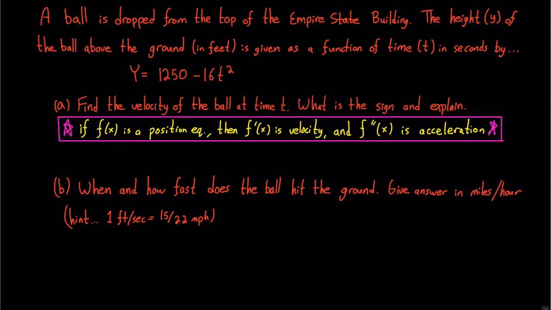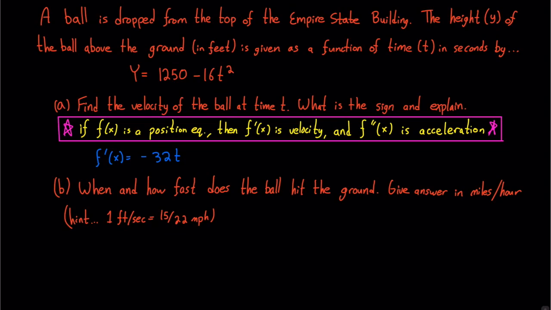When we're given a position function, which we are, the first derivative represents the velocity and the second derivative is the acceleration. This is extremely important as applied to almost every word problem. Using this concept, we take the first derivative, because we want the velocity, and it'll be negative 32t. Obviously the sign is negative because the ball is falling down.